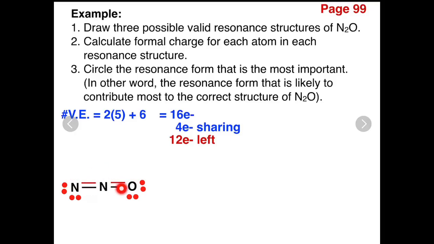Now you will see that the total number of electrons still equals 16, and each of these elements has 8 electrons surrounding it, so they have an octet. So this would be a valid Lewis structure. That's one of them.